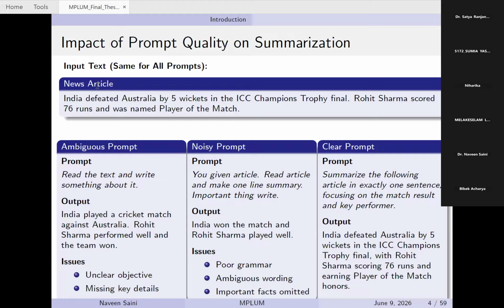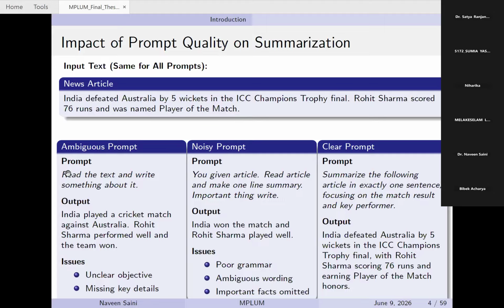Suppose we have a news article: India defeated Australia by 5 wickets in the ICC Champions Trophy final. Rohit Sharma scored 76 runs and was named player of the match. Let us consider different prompts. The first prompt is: read the text and write something about it. Why is it ambiguous?